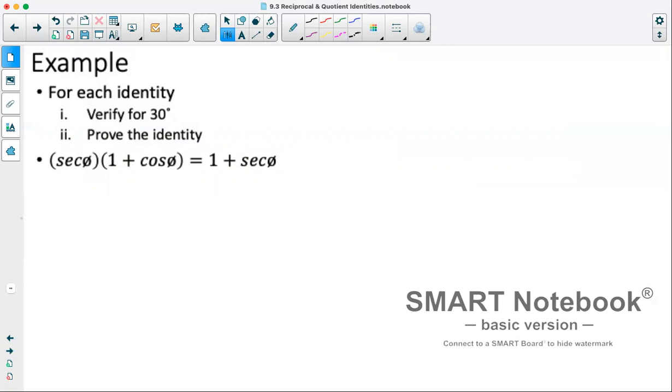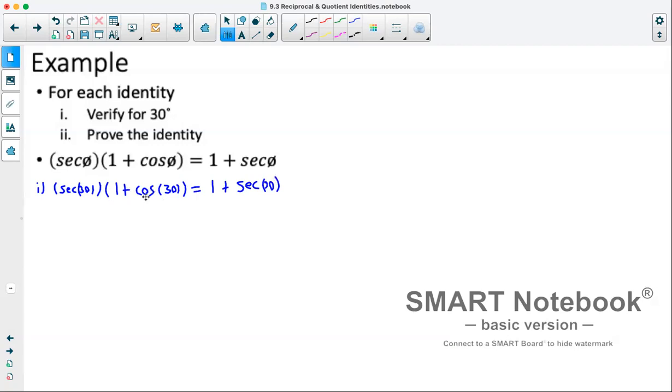So we are going to first verify. That means we're going to put in 30 degrees everywhere we have the angle. So we've got secant of 30 degrees times 1 plus cos of 30 degrees equals 1 plus secant of 30 degrees.